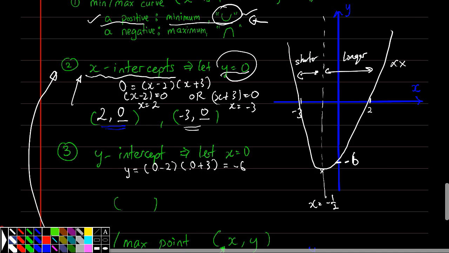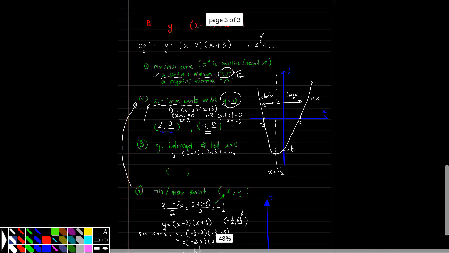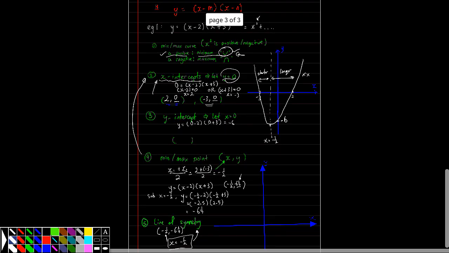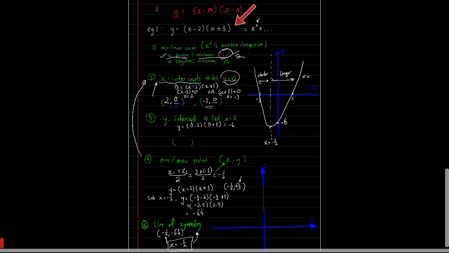Now let's recap on what we have learned. First, when we look at the factorized form, again there are 5 steps, slightly longer. So let me turn on the cursor. Same thing, I will need to determine whether it is a minimum or maximum. Number 2, I will need to determine the x-intercepts first. Once you have found the x-intercepts, go on and find the y-intercept.